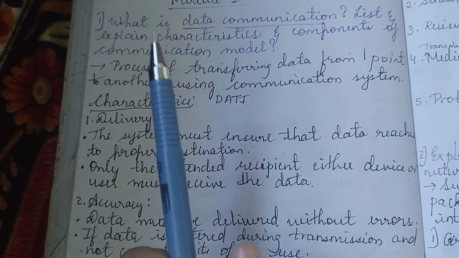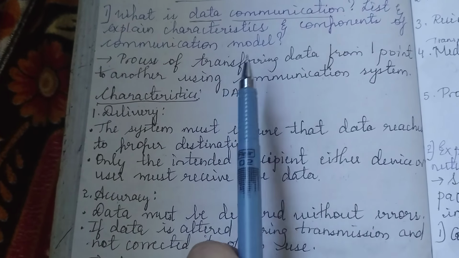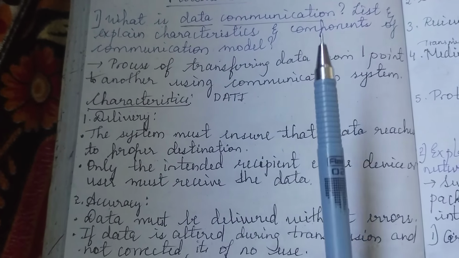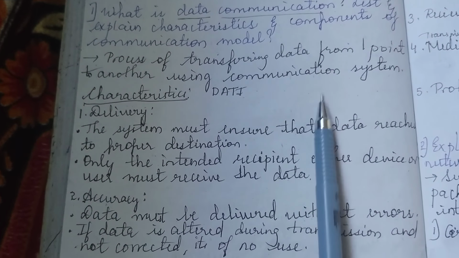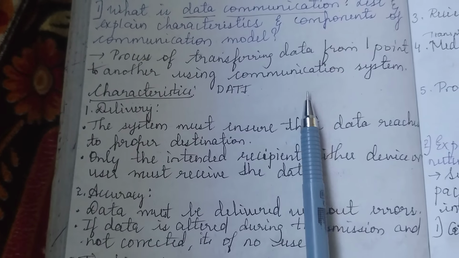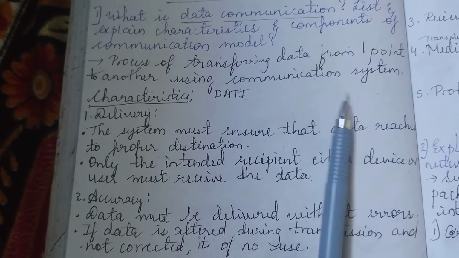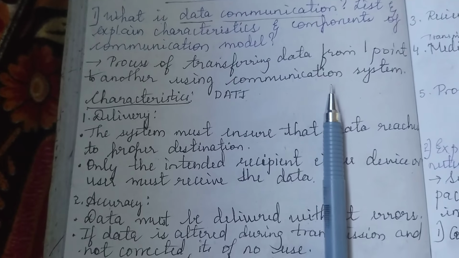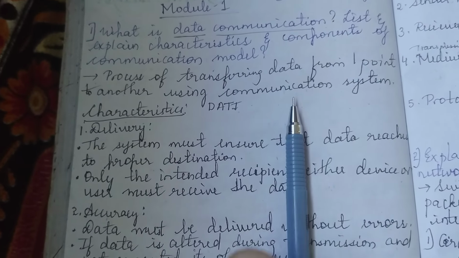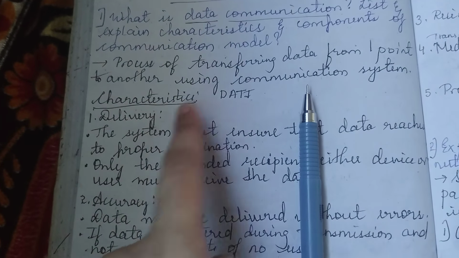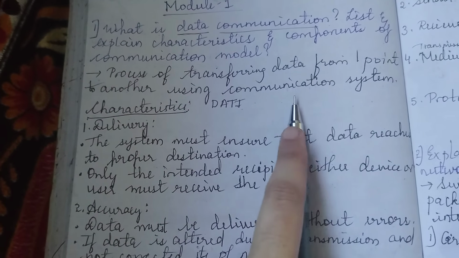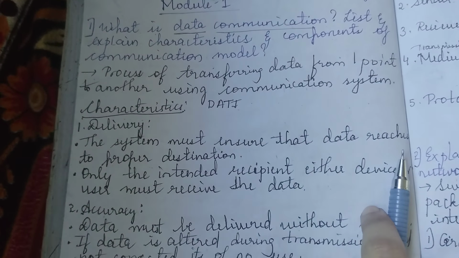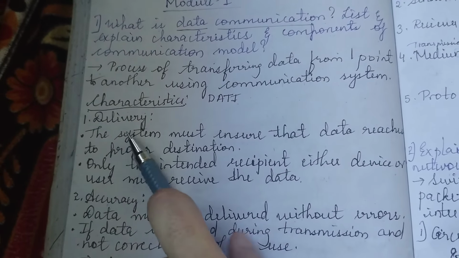The system must ensure that whatever data we send reaches the proper destination, and only the required person must receive it. For example, if I want to send data from this point to this point, it should reach this point only. If it reaches somewhere else, it is useless.